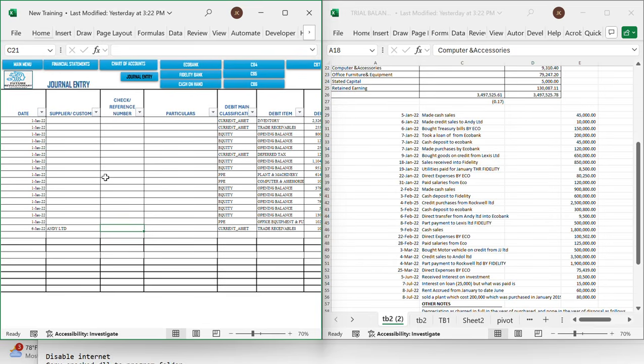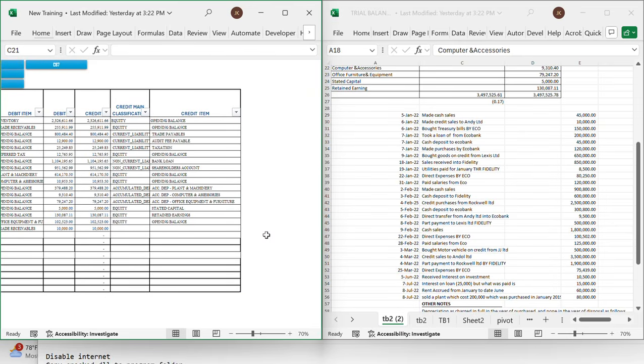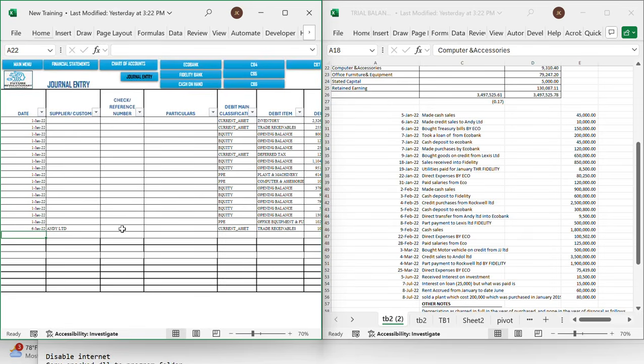Let me put it as such, right? So for revenue, expenses, assets, and liabilities. All right, so here revenue and sales.